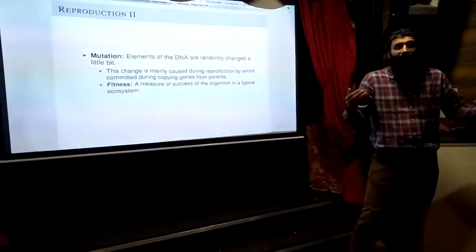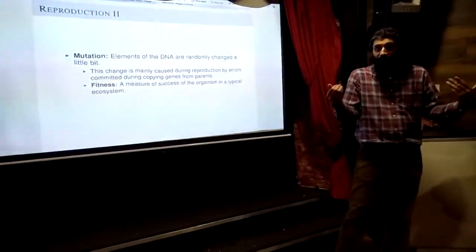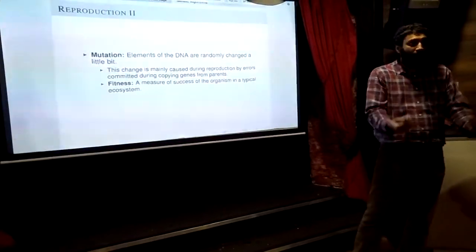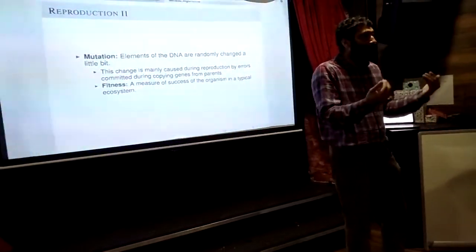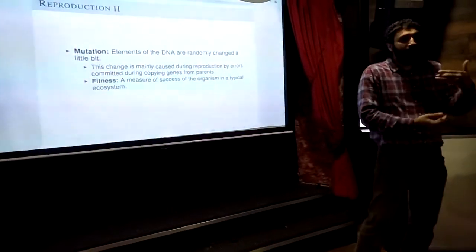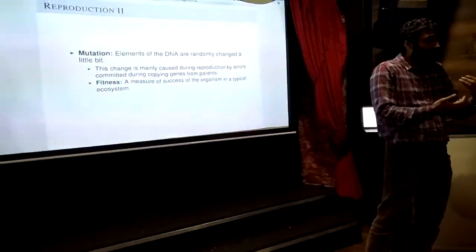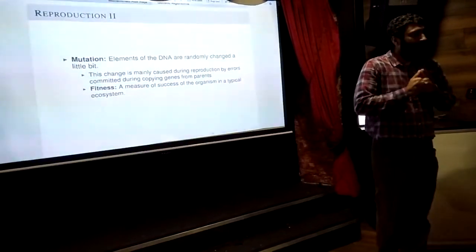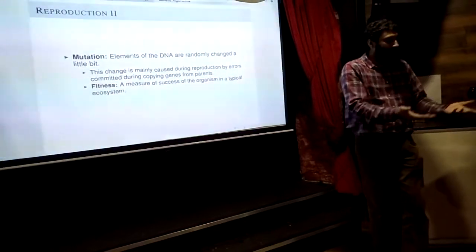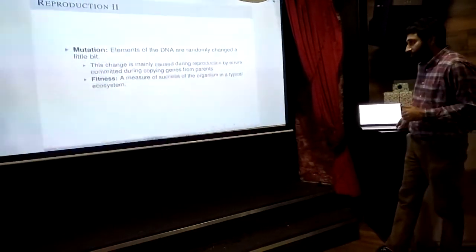So mutation basically changes the gene code of an individual, and that change can be something significantly different in the phenotype of the organism. And that change can carry itself over to the next generation.